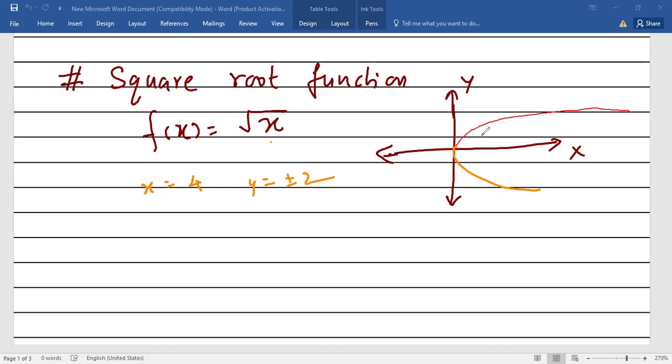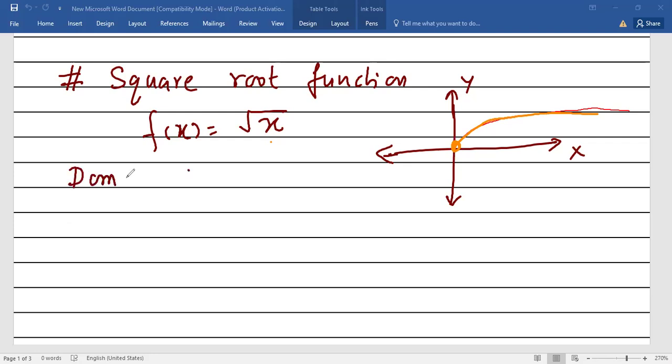But the problem is, if you draw this particular graph, it will not represent a function, because a function always passes the vertical line test. That is the reason your calculator has also given you the graph starting from here. That defines our domain.